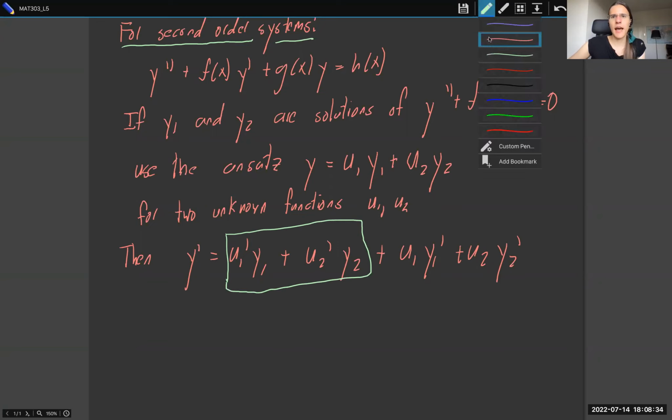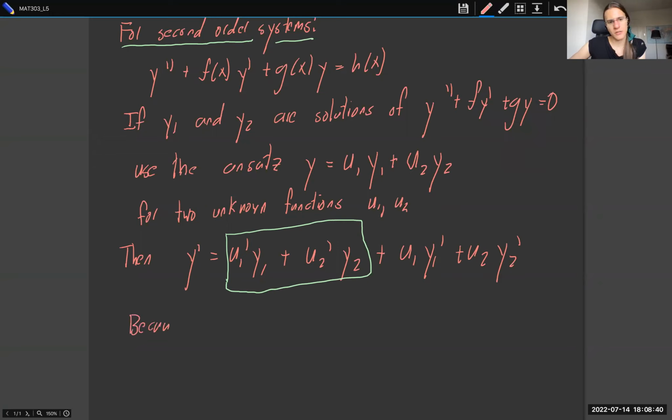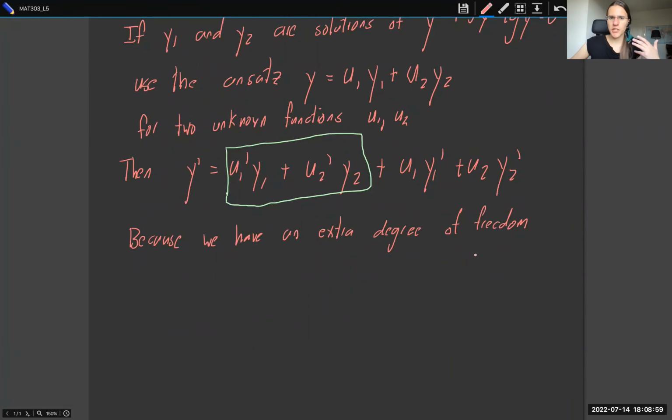Because we have 2 degrees of freedom and 1 constraint, we will search for solutions in which this is 0.